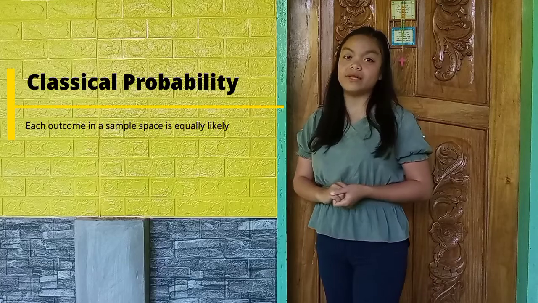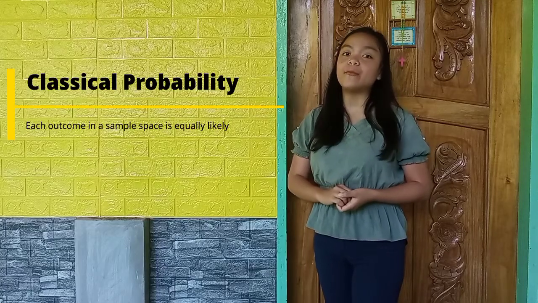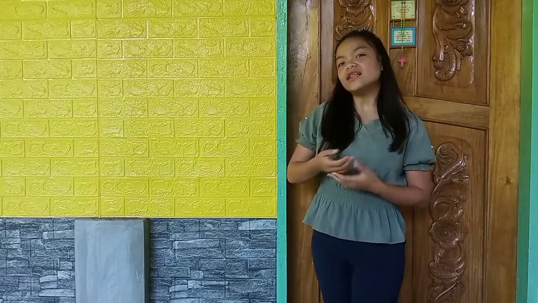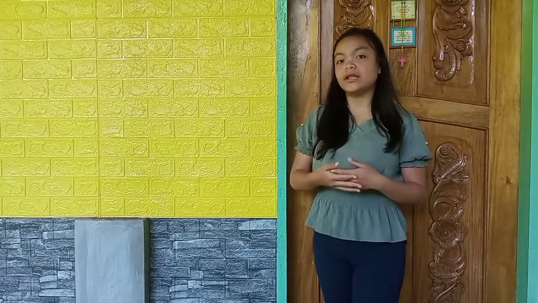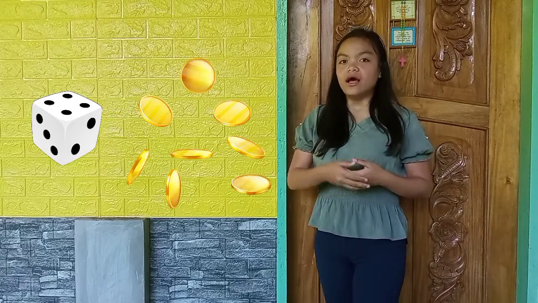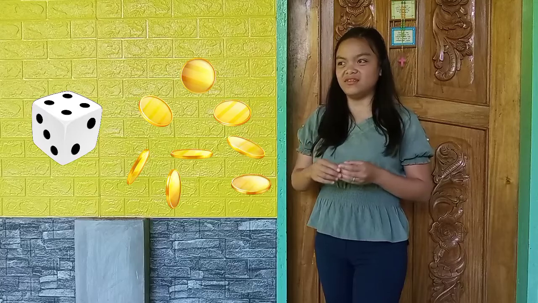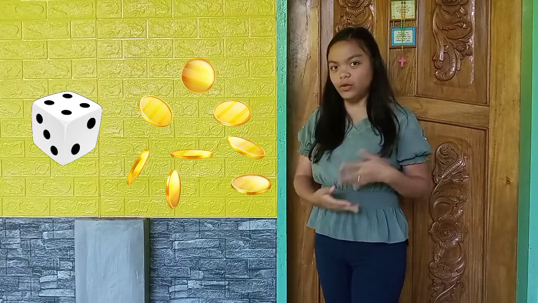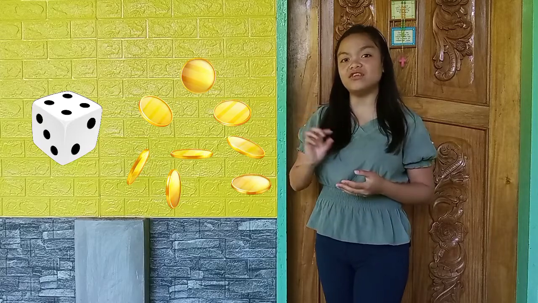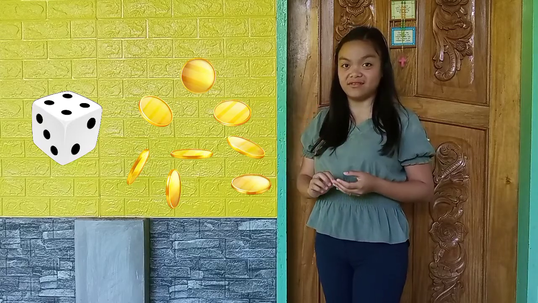In this type of probability, each outcome in the sample space is equally likely. The classical example for this type of probability is a fair die, or the toss of a coin. When you roll a die, each outcome is equally likely because you get a 1, a 2, a 3, a 4, a 5, or a 6. The probability of each outcome is 1 over 6.